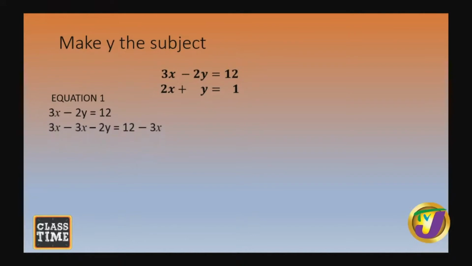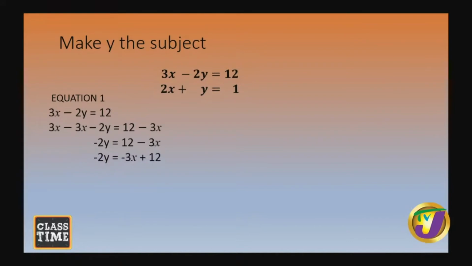Remember, we want to isolate y, so we're going to do the inverse operation for 3x and subtract 3x from both sides of the equation, leaving -2y equal 12 subtract 3x. And then, because we're trying to get y isolated, we would divide both sides by negative 2.